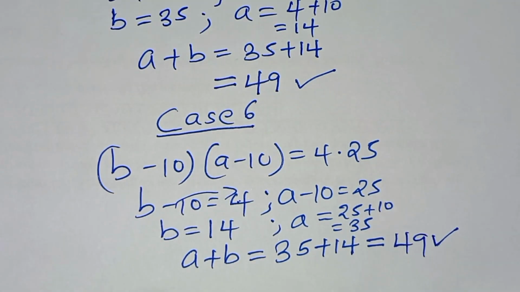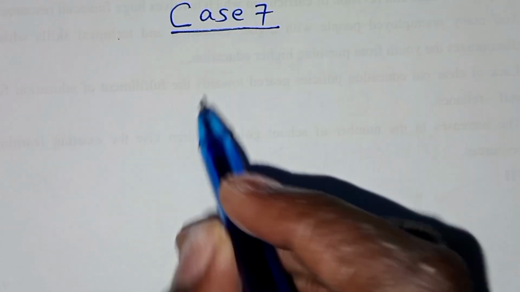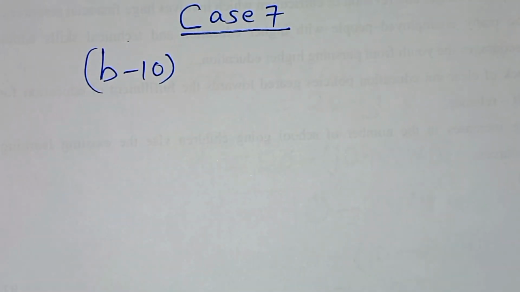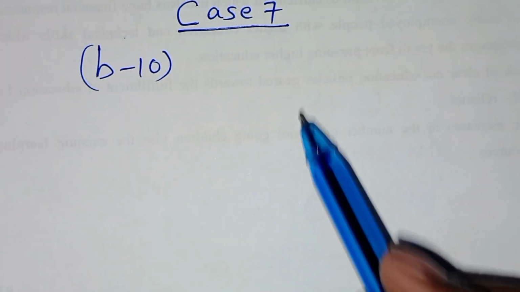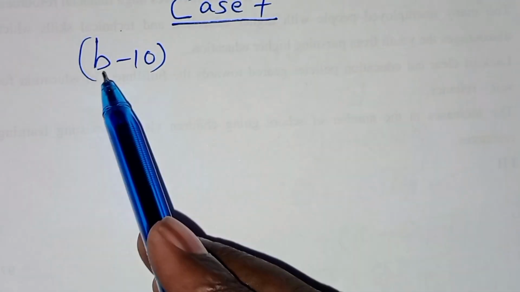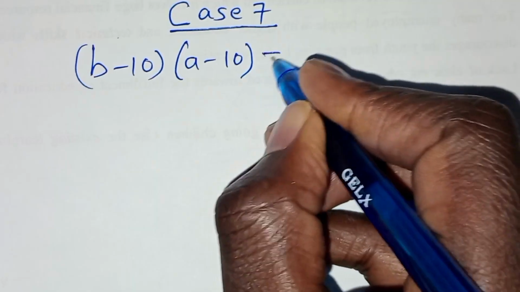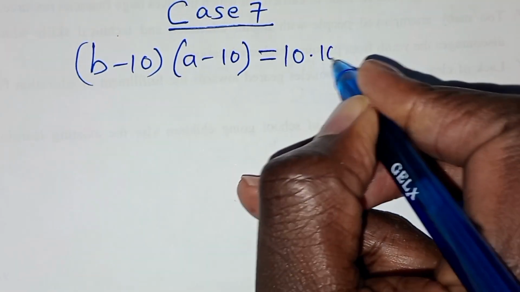So let's proceed to case 7. Now for case 7 here, we have (b minus 10)(a minus 10) equal to 10 times 10.